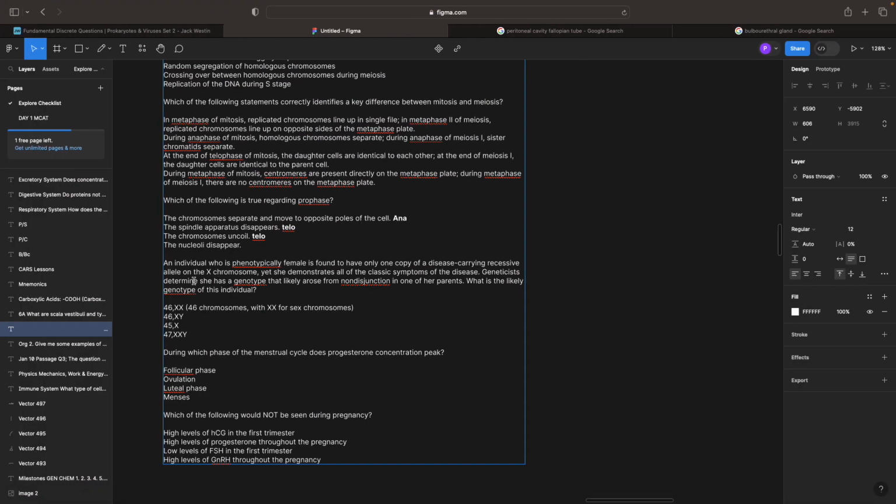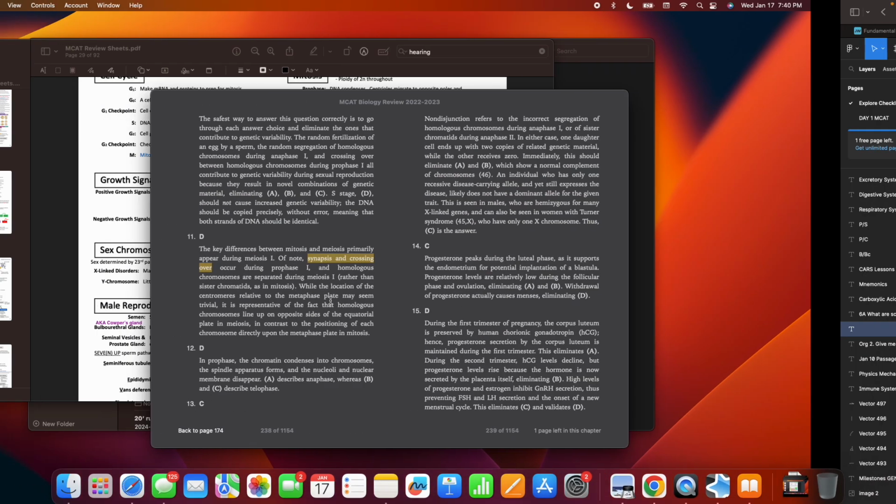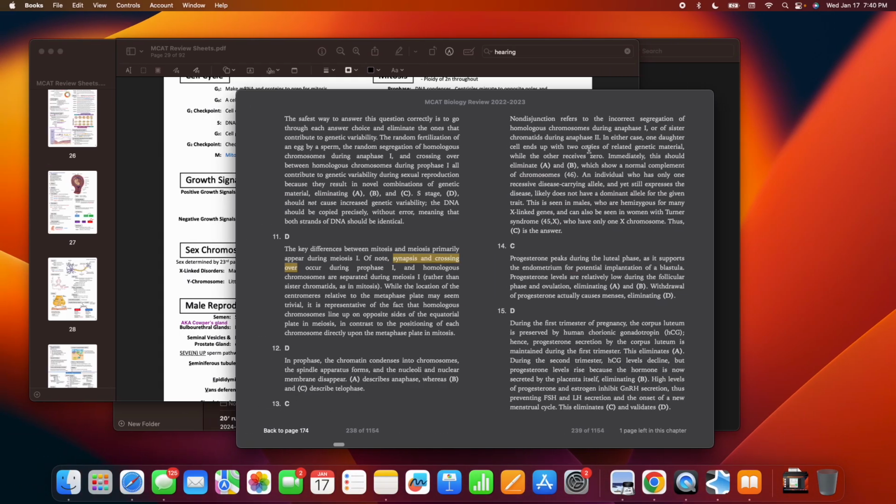So where do we see non-disjunction? One daughter cell ends up with 2 copies, so not one chromatid but 2 chromatids, but the other one is with 0 copies.